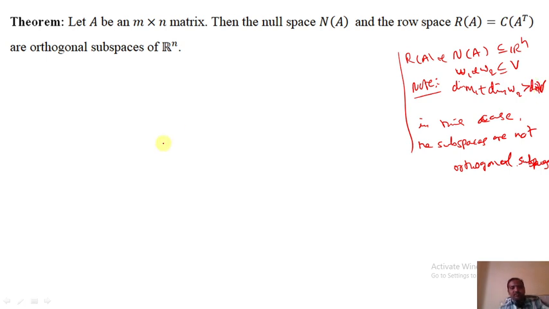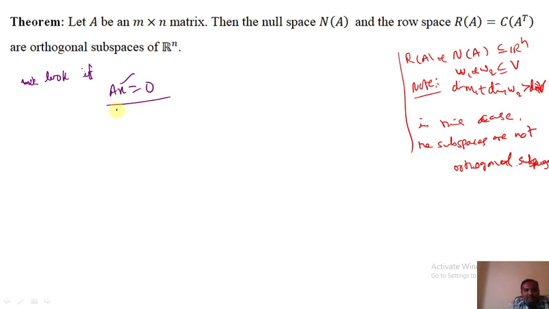Okay. Now we'll see this one. Null space. We already know null space means the solution set of Ax equal to 0. Look at Ax equal to 0, where A is an m by n matrix.